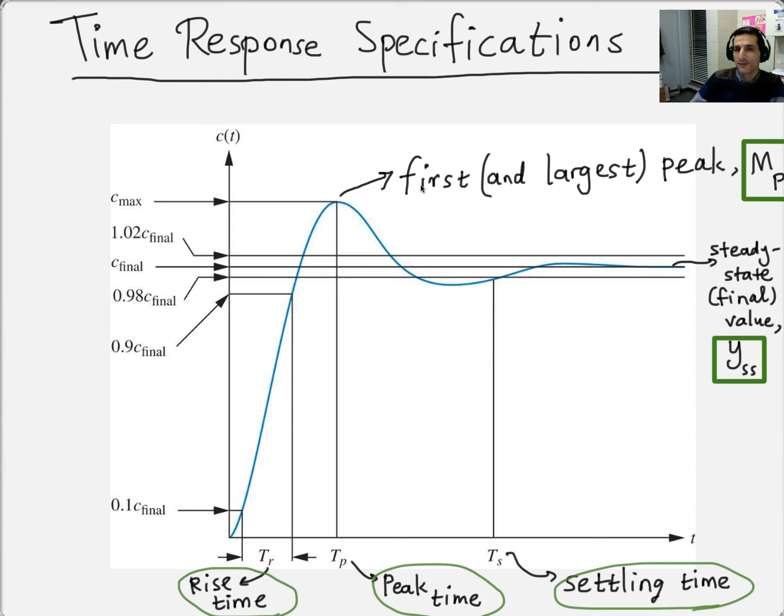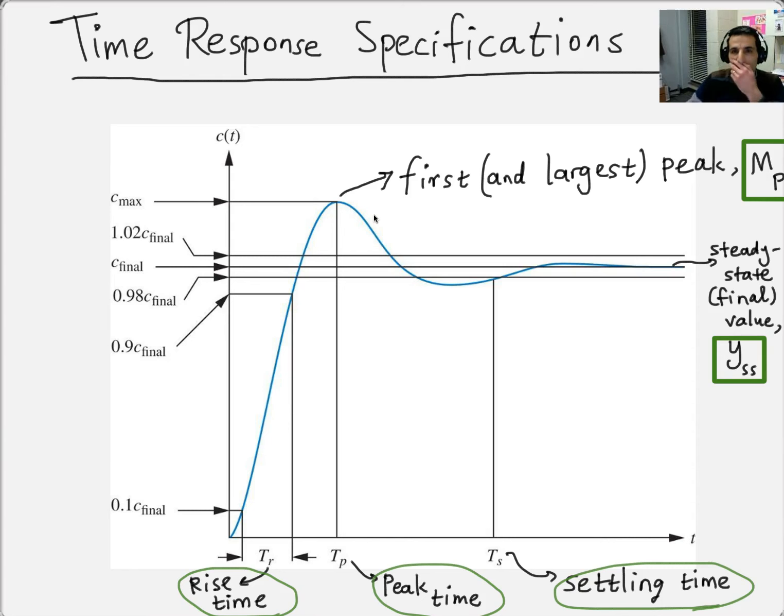But now there are a couple of new parameters, namely the peak time and the peak value, or the first and largest value of peak. These are the parameters that we did not have for first order systems. The reason is that the step response of a first order system did not really show any peak or any overshoot.